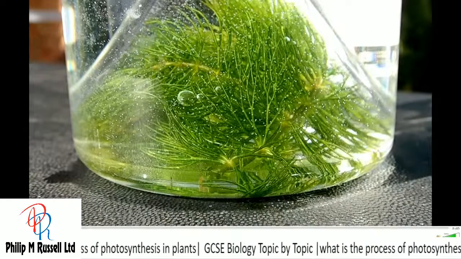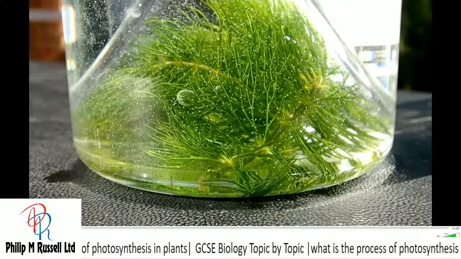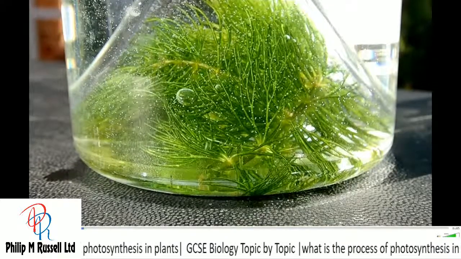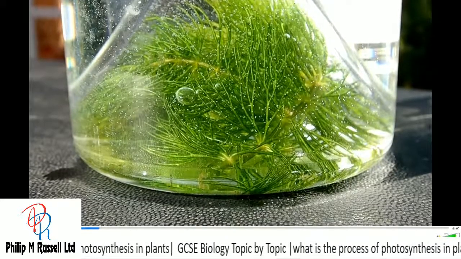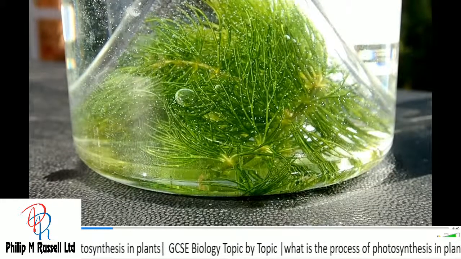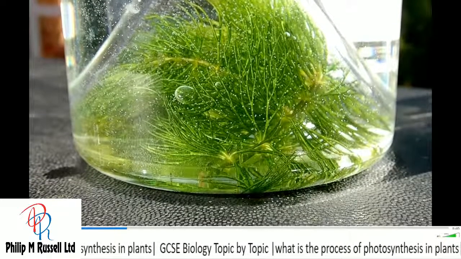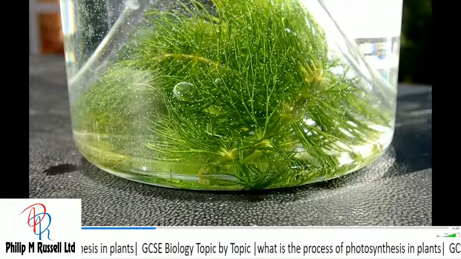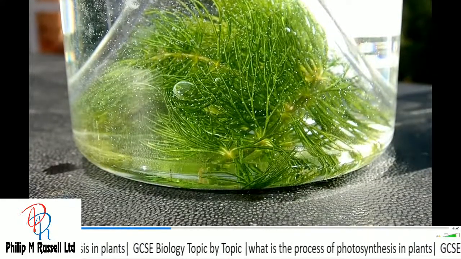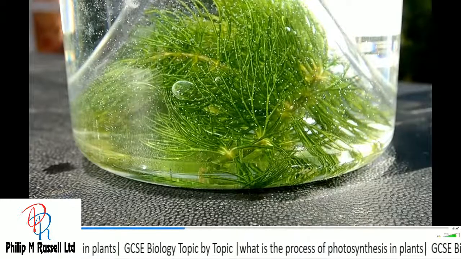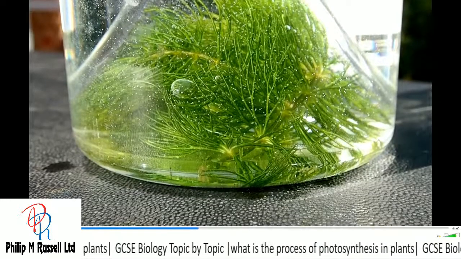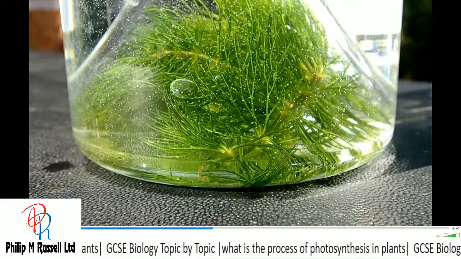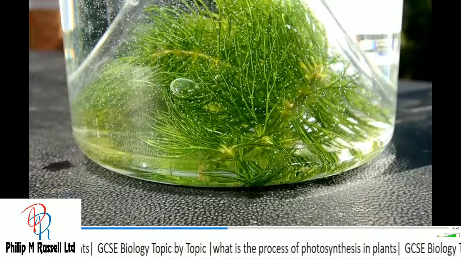And going back to the video there, we can see and measure here the bubbles coming off, and simply by putting a stopwatch there we can actually measure how many bubbles come off in a certain time.